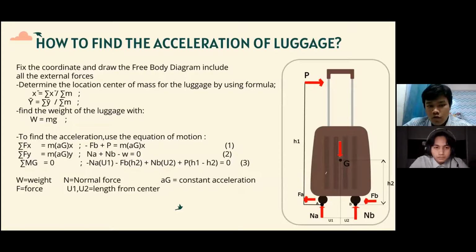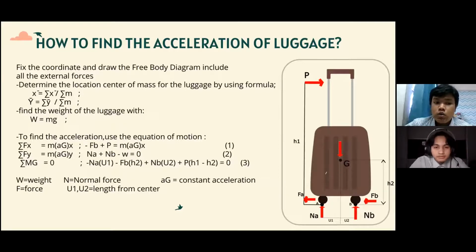Find the total force acting on the x axis and y axis. So the first equation is total force Fx equals mass times the constant acceleration of x. In the luggage case, the equation will be negative force B plus force P equals mass times the constant acceleration of x.